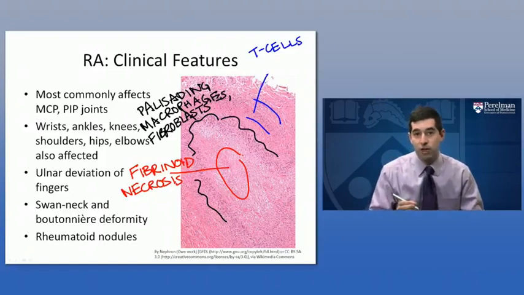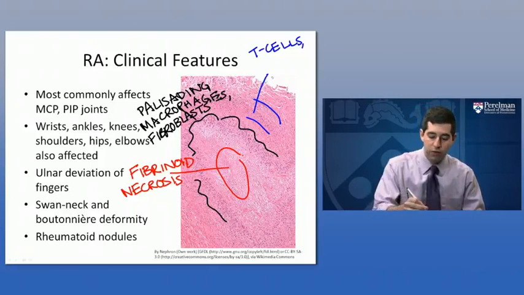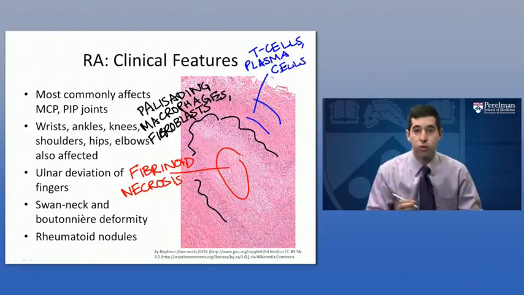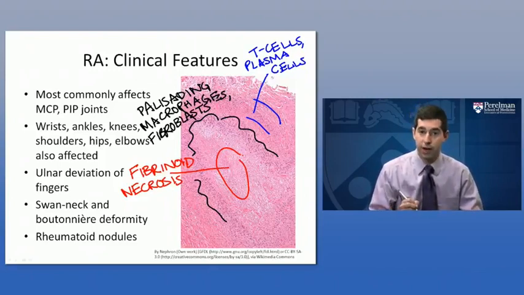These are ones that in particular interact with cells that may be infected by viruses, or they also impact B cells. B cells we'll look at a little bit later because they produce antibodies, which are also a feature in rheumatoid arthritis. Also, we see in this portion plasma cells. Plasma cells are basically matured B cells that are starting to produce what's called antibody, and we'll be looking at the structure of antibody on the next slide.